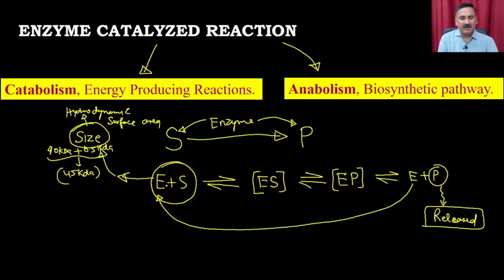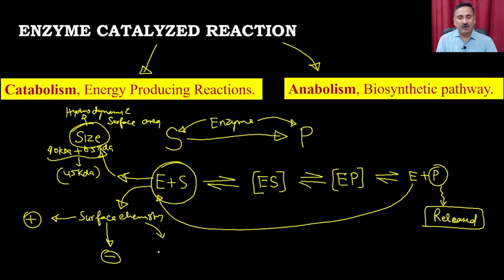Apart from that, when the enzyme and substrate interact with each other, it is going to change the surface chemistry. So it can bring positive charges into the enzyme, or it can bring negative charges into the enzyme, or it may sometimes neutralize the existing positive charges.